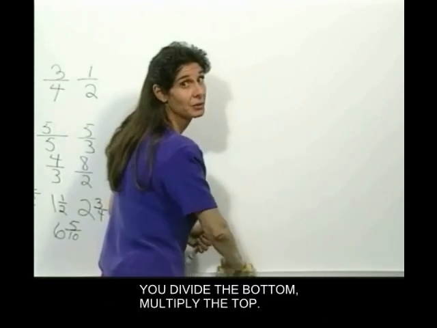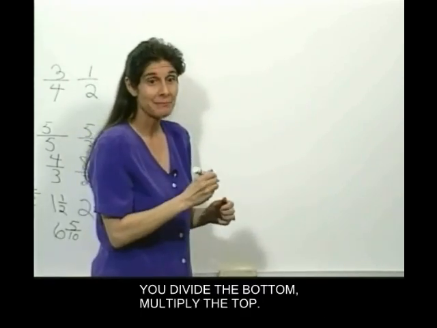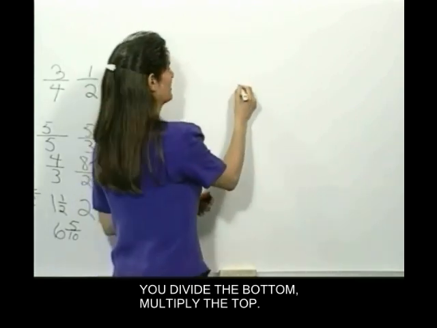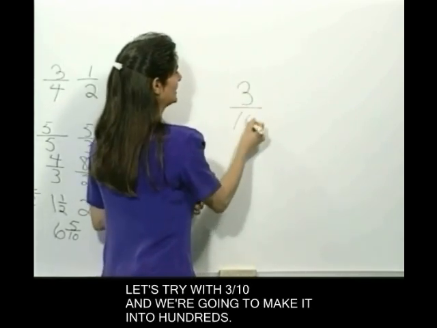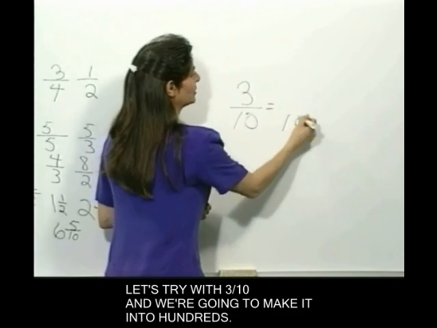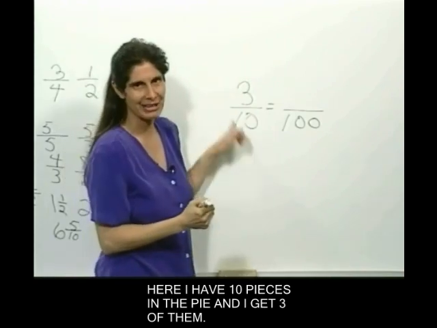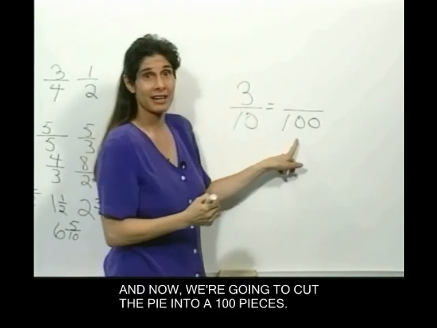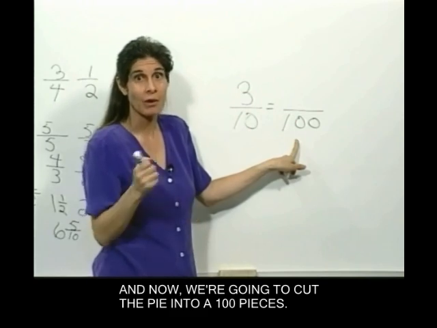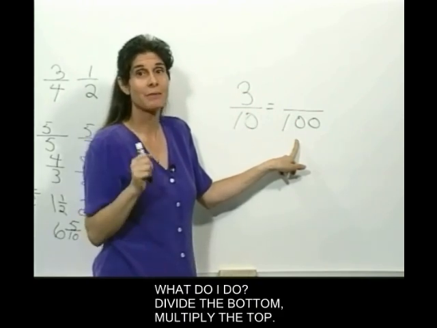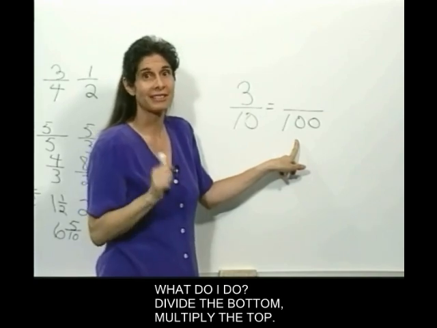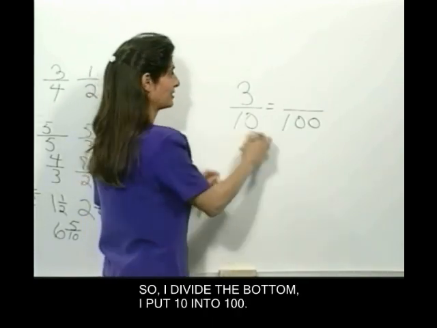So you remember how to do it? You divide the bottom, multiply the top. Let's try with 3/10, and we're going to make it into hundredths. Here I have 10 pieces in the pie, and I get 3 of them. And now we're going to cut the pie into 100 pieces. What do we do? Divide the bottom, multiply the top. So I divide the bottom.